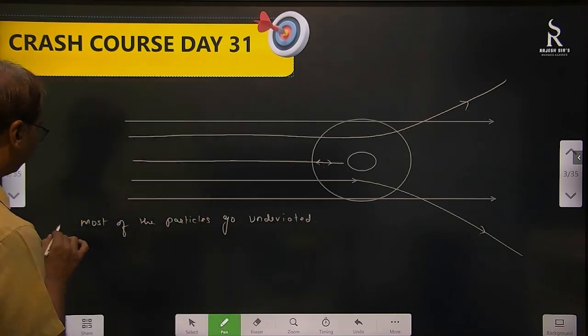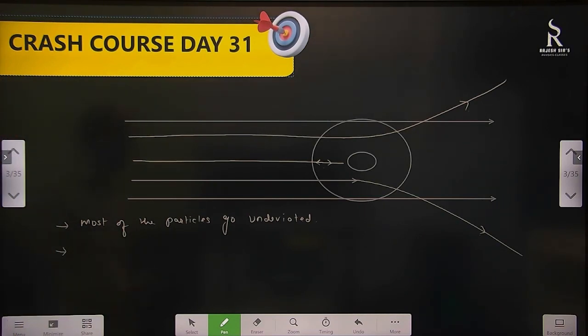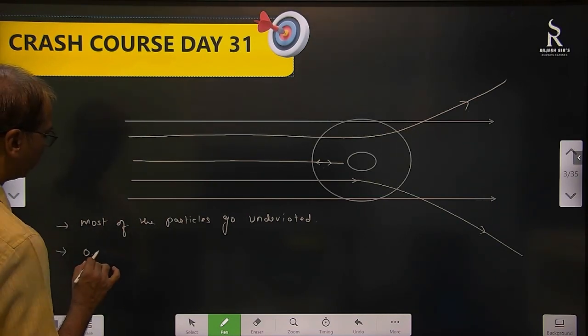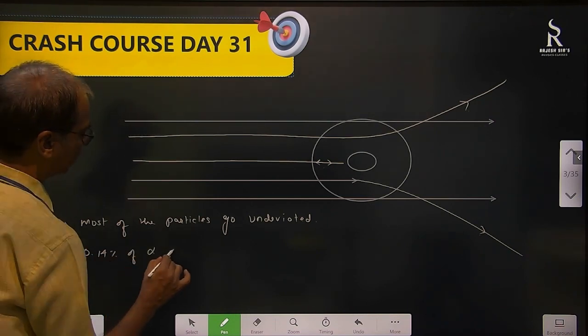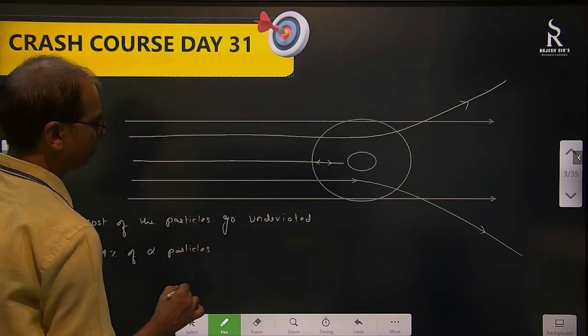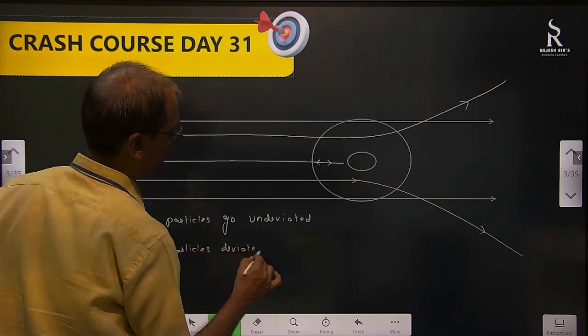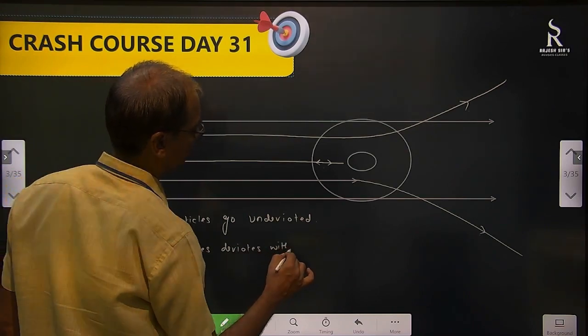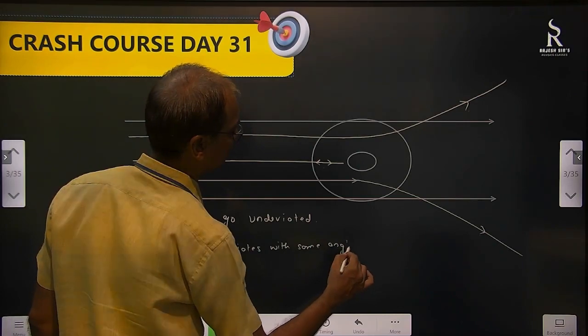It's point number one. Then, 0.14% of alpha particles deviate with some angle. 0.14%. That's all.